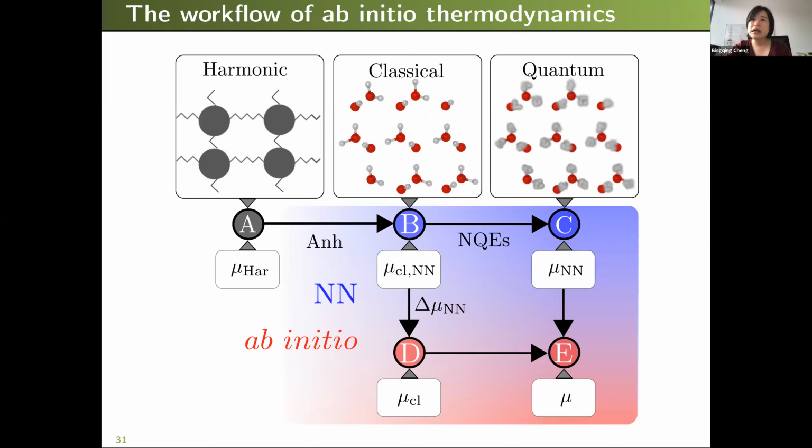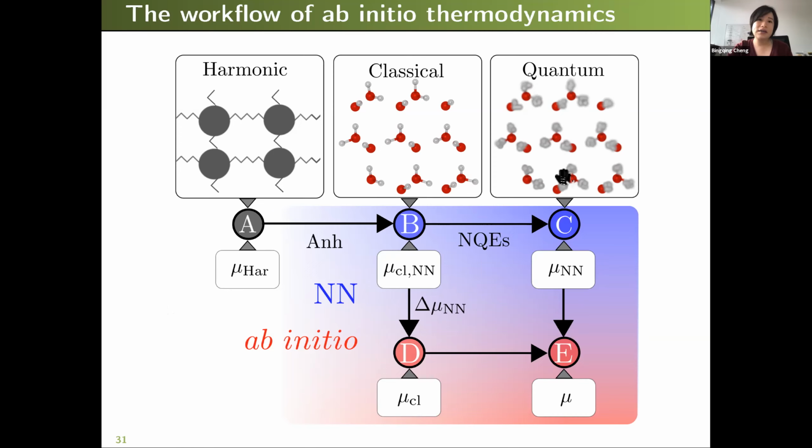And we can also use this to do thermodynamics, and this is the typical workflow that we use. We use thermodynamic integration. We start from a harmonic reference, and then we do a first leg of integration to the classical system, and then to the quantum mechanical system.